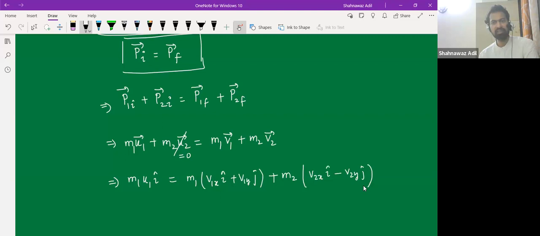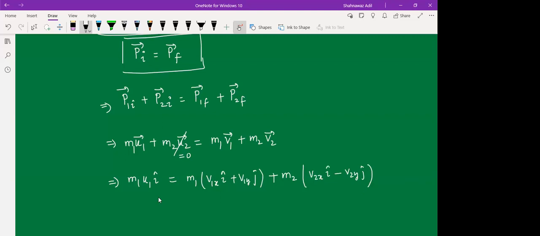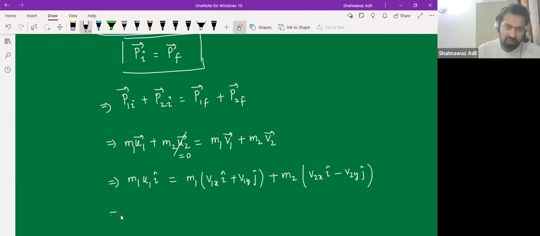Any doubt in this, guys? So now we have to compare. Because this is an equality sign, left hand side should be equal to the right hand side.